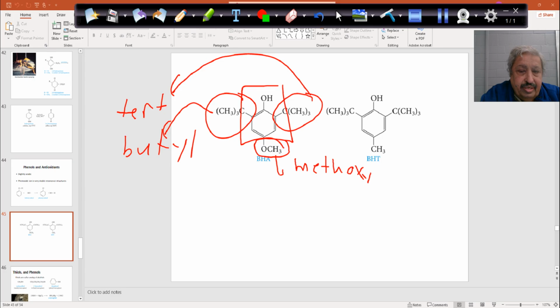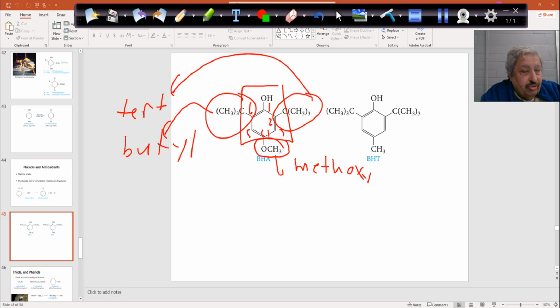Then you can see, start from 1, it's your hydroxide, 2, 3, 4, 5, 6. So this is a phenol, and in positions 2 and 6 you have tertiary butyl, and in position 4 you get methoxy.